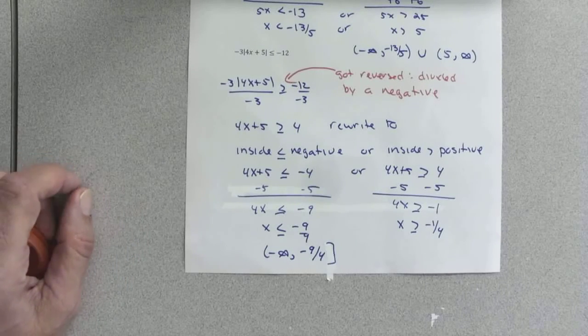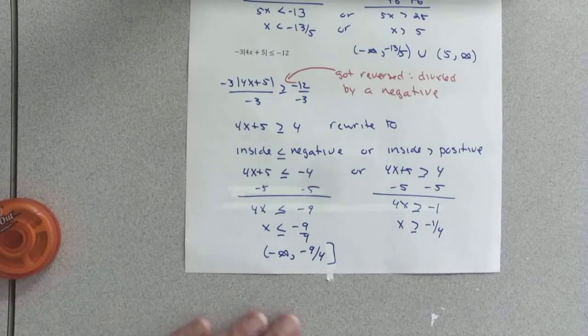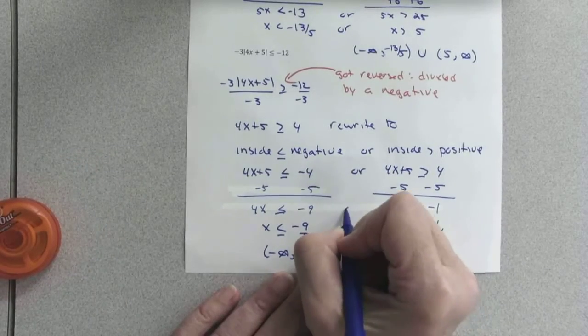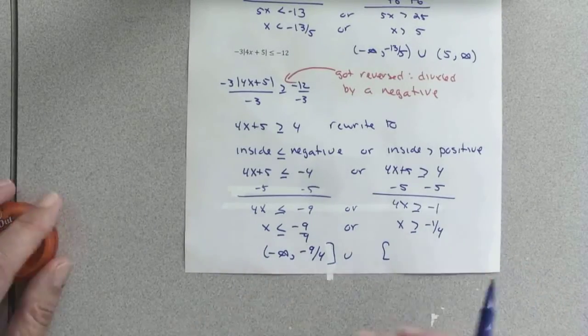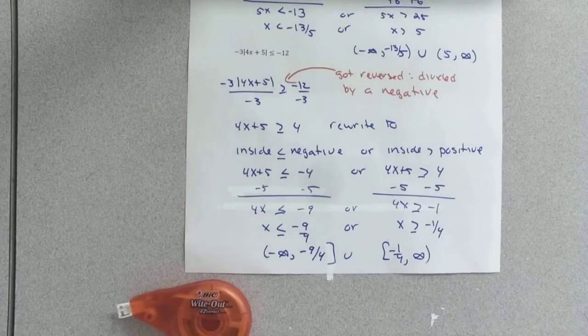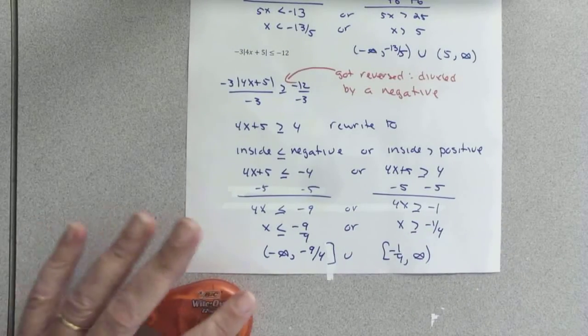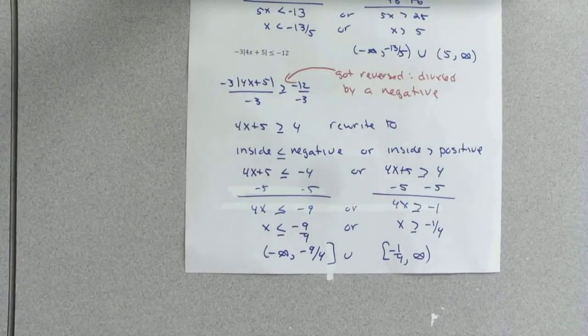The less than gives me the -infinity. The or equal to gives me the square bracket. Then the or is the union symbol. And then -1/4 to infinity. And there's my interval notation. And that's the end of this section, and the end of this chapter.